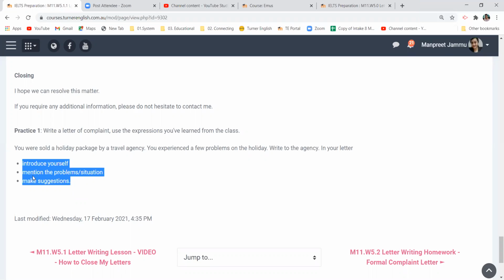And then after that, you have to tell what the problems were. In detail, that I booked so-and-so holiday package and there were some issues, and you have to give details of those problems and those issues. And then the third step would be making suggestions, how they can improve, how they can make it better.